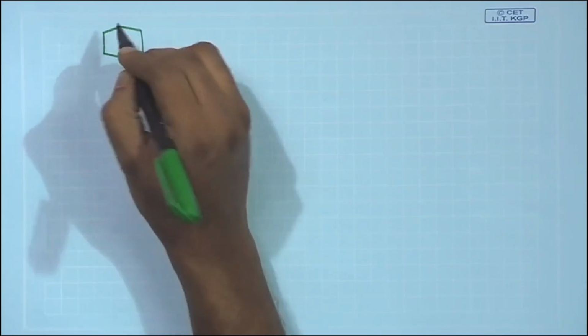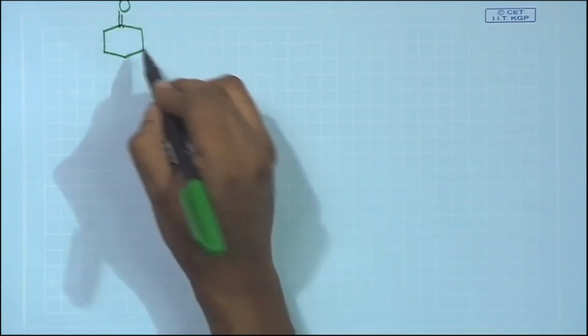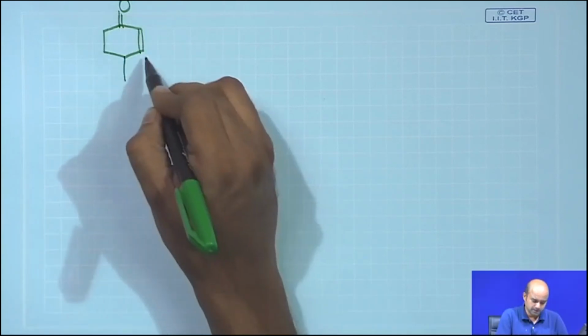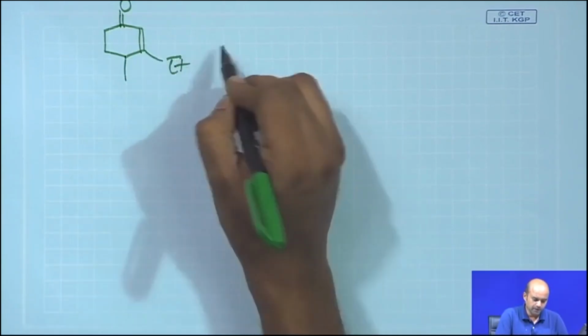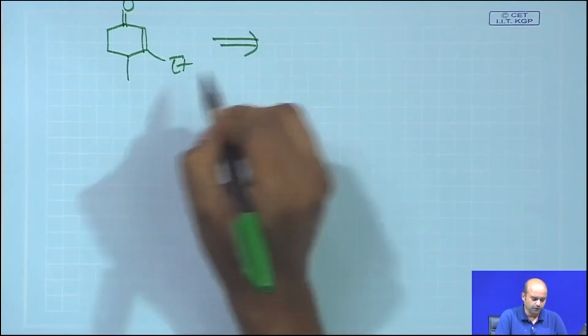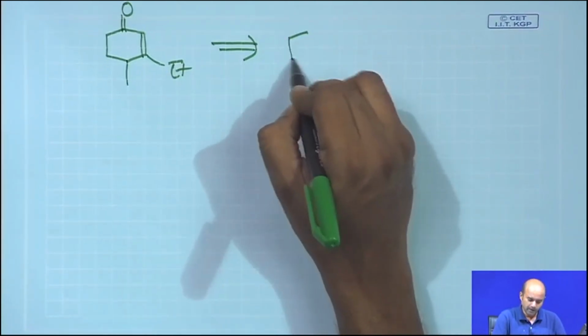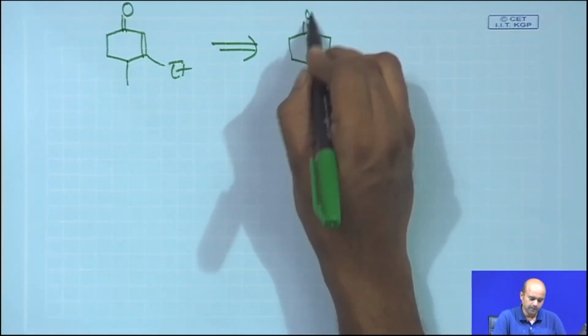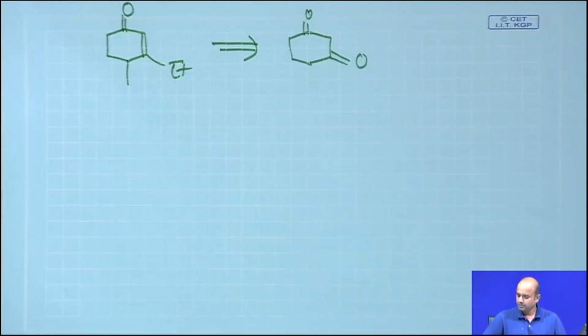Let us talk about these things. This is a cyclohexenone-based compound. The target molecule has a cyclohexenone and an ethyl group, and the proposed starting material was 1,3-cyclohexanedione.